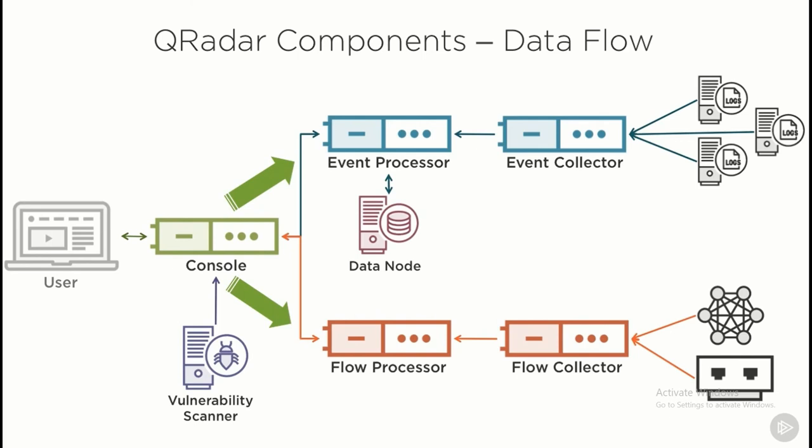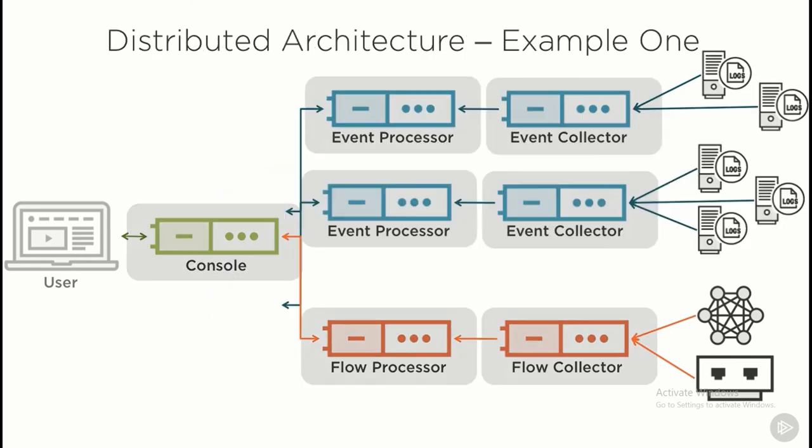And now let's take a look at the distributed architecture example. As you can see, we have multiple event collectors and multiple event processors, and all of them are connected to the console. As I mentioned before, you can have multiple processors or collectors in one deployment.